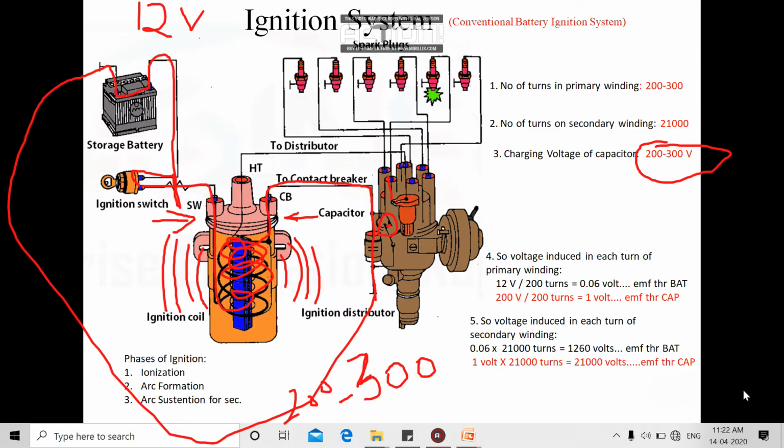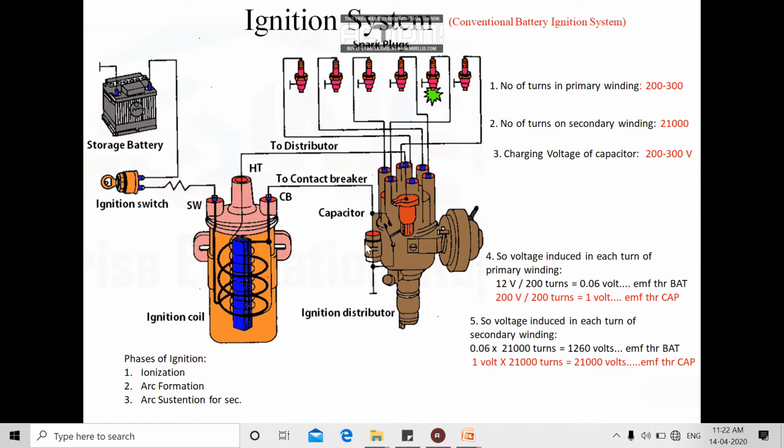Now erase everything. Now consider our capacitor is charged and the contact is still open. As I told you, the capacitor charges very quickly. Our capacitor gets charged to about 200 volts. This voltage is more than the battery, which has only 12 volts. So now the direction of flow of current is exactly opposite.